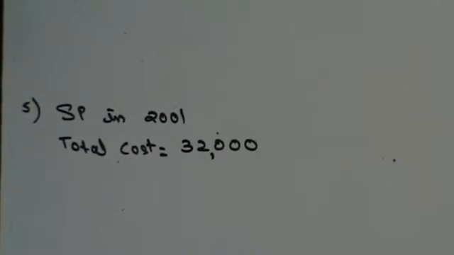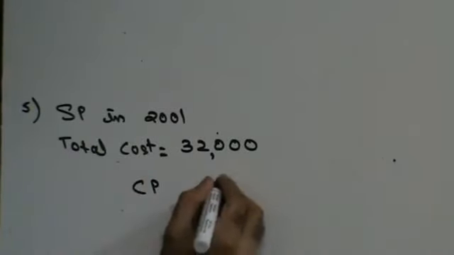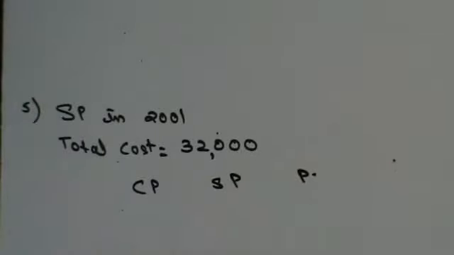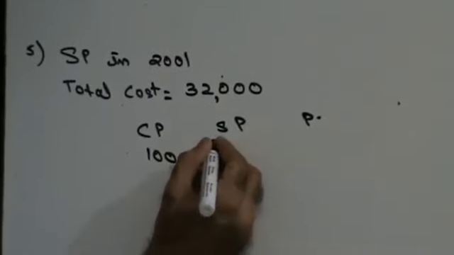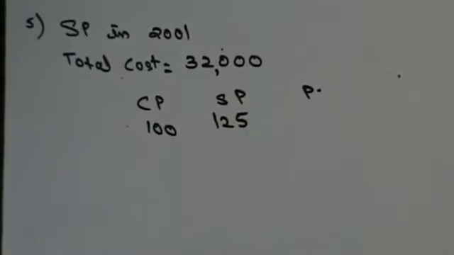In 2001, you sold at a profit of 25% on cost. Whatever they give you, you assume as 100. Assume cost price as 100, selling price will be 125.